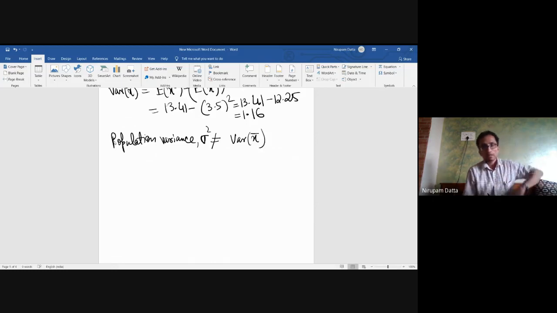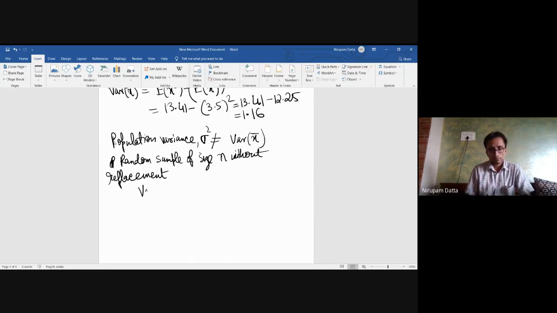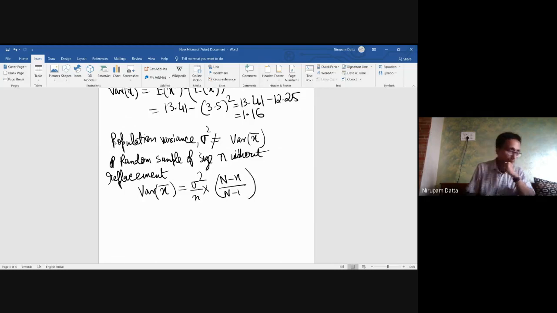But if you use this formula for a random sample of size n without replacement, that is variance of x bar equal to sigma square by small n into capital N minus small n by capital N minus 1. So what is sigma square? We know sigma square is already 2.917.